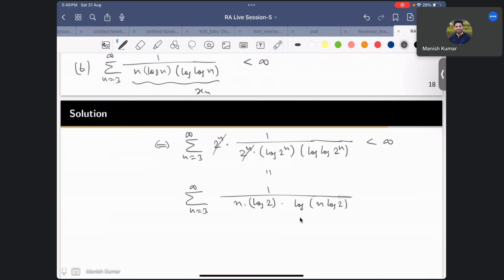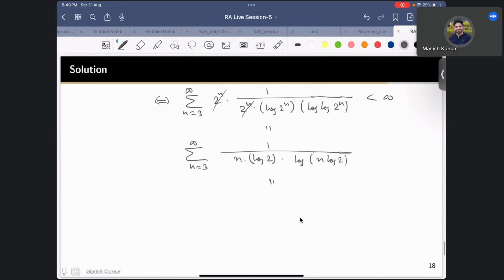If I write it again, this is nothing but the summation n equal to 3 to infinity, with 1 by log 2 outside, times 1 by n times, if I break this log, log n plus log 2.